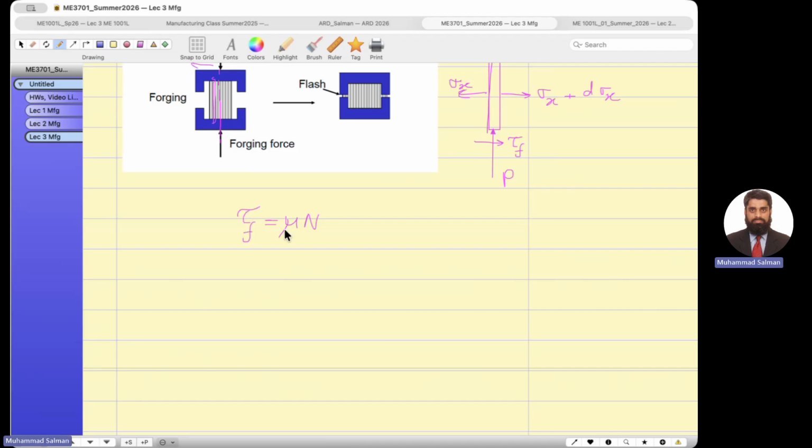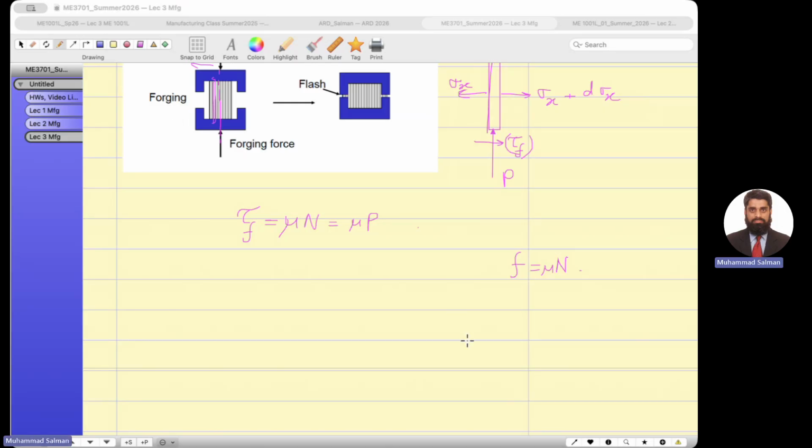Law of flow. And normal force is P. Can I write down like this? Agreed? Because mu times N is the friction force, which is a tau friction. We will do the force balance in the x direction.